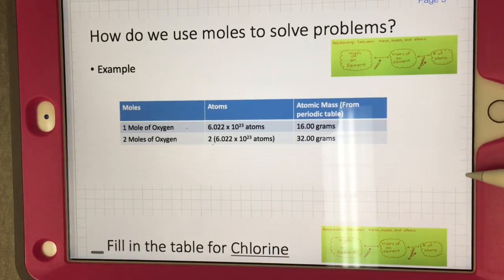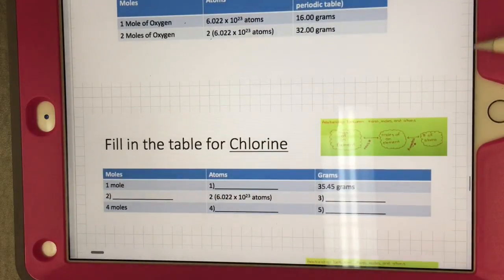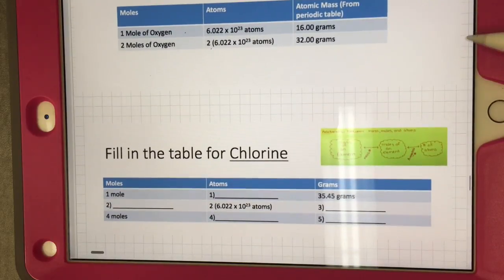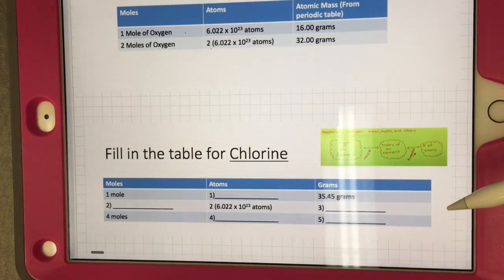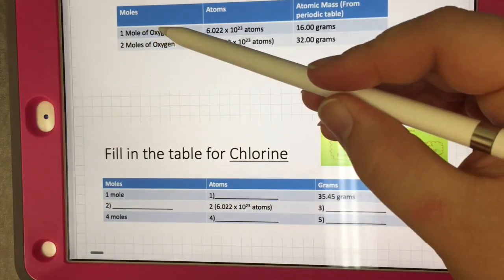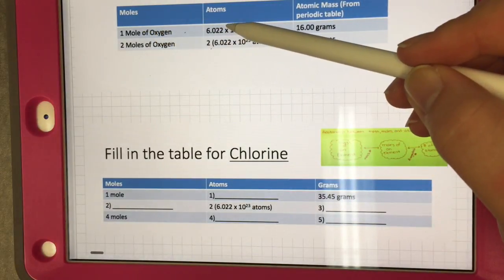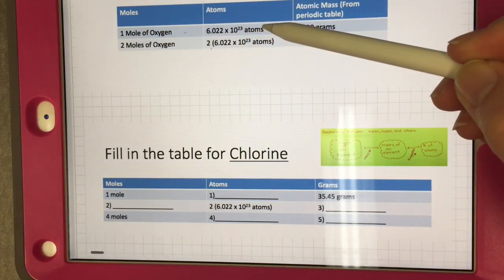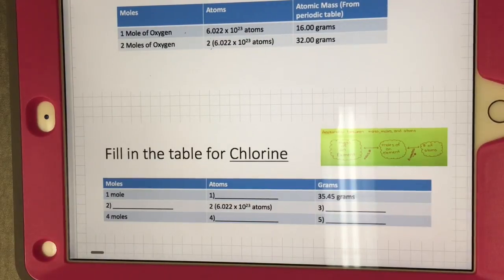And so we're going to fill in this table up here for chlorine. We did this for oxygen. Now we're going to apply this idea to chlorine. When I had 1 mole of oxygen, I had 6.022 times 10 to the 23rd. Well, that doesn't just apply to oxygen. That applies to any element. 1 mole of any element will be 6.022 times 10 to the 23rd atoms.